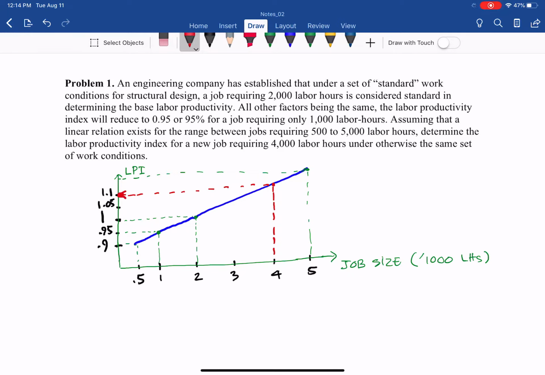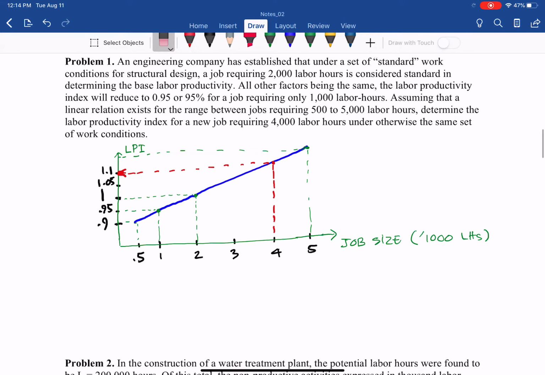So what does that mean? As you can see from the graph, if we draw it to a very good scale, the labor productivity index for a 4,000 labor hours job equals 1.1, and that should be the answer.